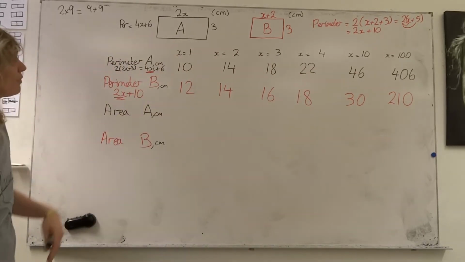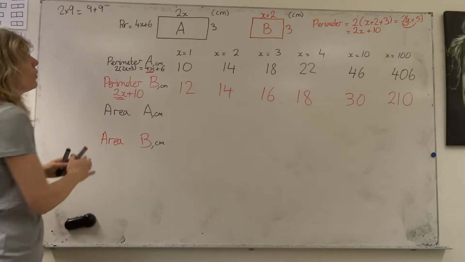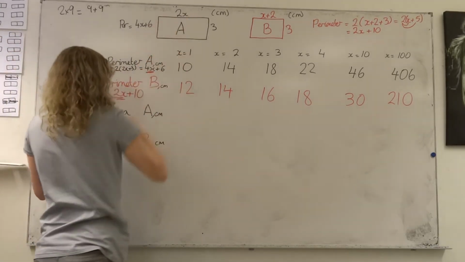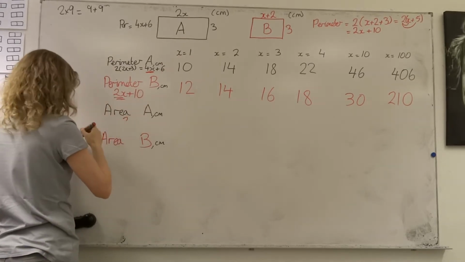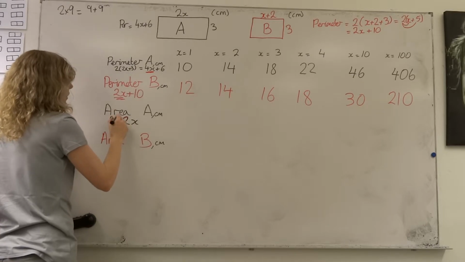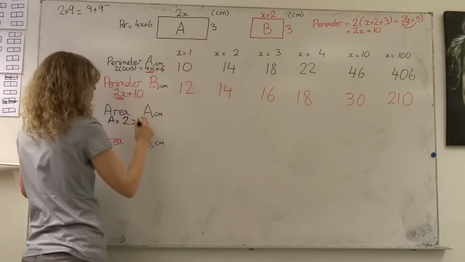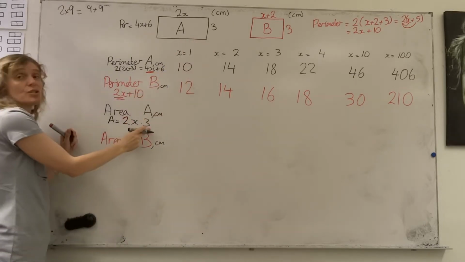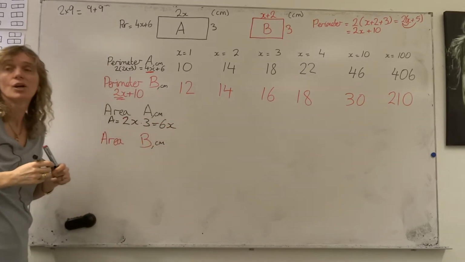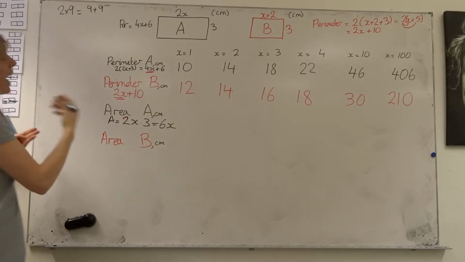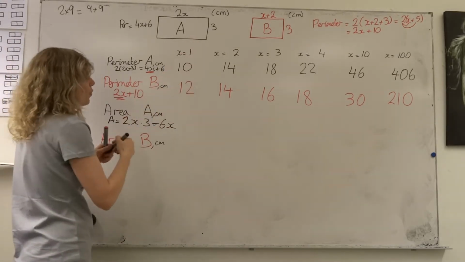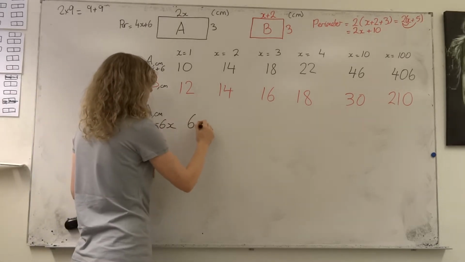Okay, what about area then? Well, how do we work out area? The area of a rectangle, we take the length, which we know is 2x, that's 2 lots of x, multiplied by the breadth, which is 3. 2 times 3 is 6, so this is 6 lots of x. So the area of our first rectangle would be 6 times 1 when x is 1, 6 centimeters squared.